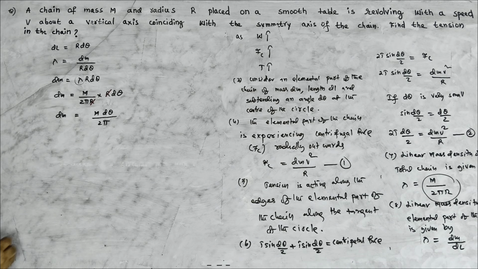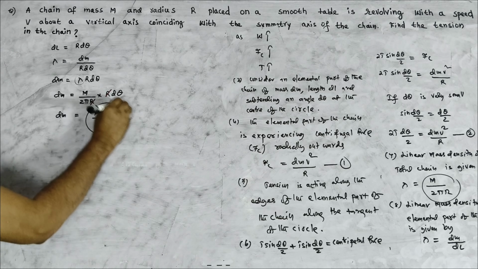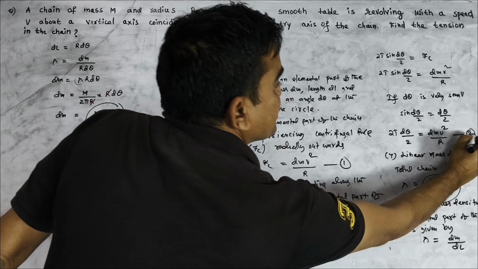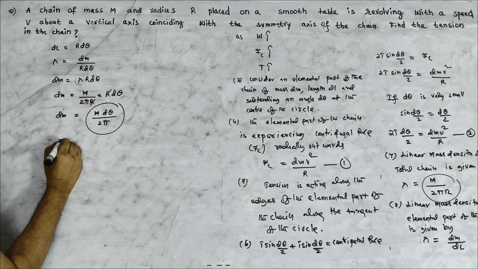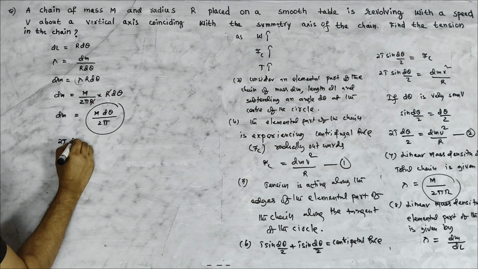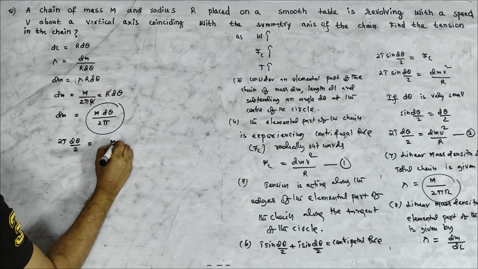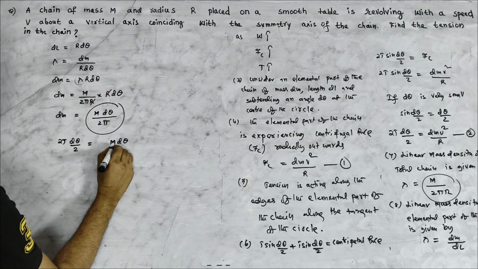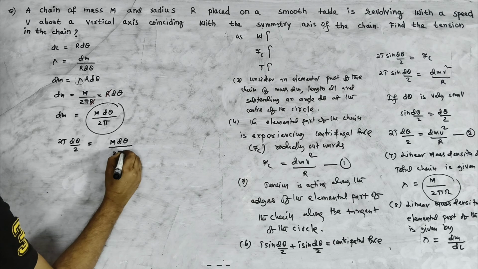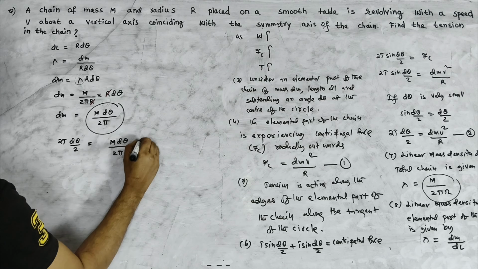Put this dm value in equation second, that is 2T d theta by 2 is equal to m d theta upon 2 pi r into v square.